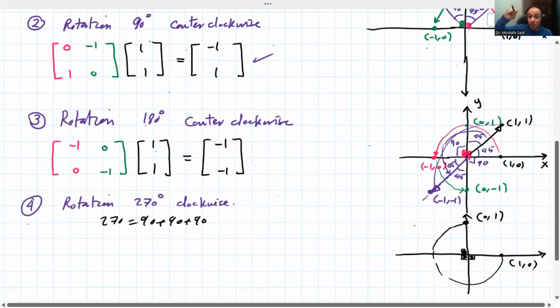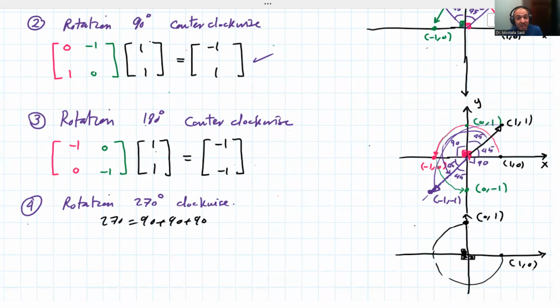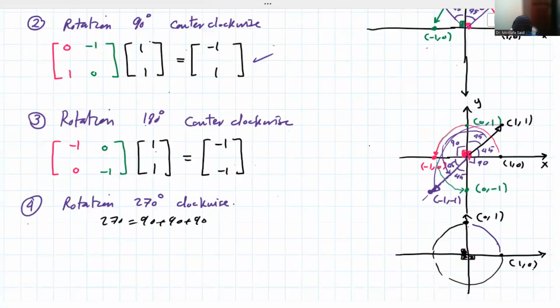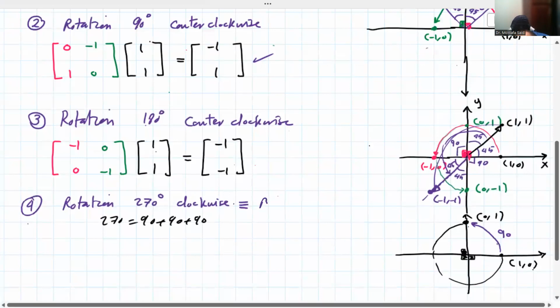But we can reach the same point if we move just 90 counterclockwise, right? So if we move like that, this is 90 in a counterclockwise direction, and you're going to reach the same point again. So that's equivalent to rotating 90 degrees counterclockwise.